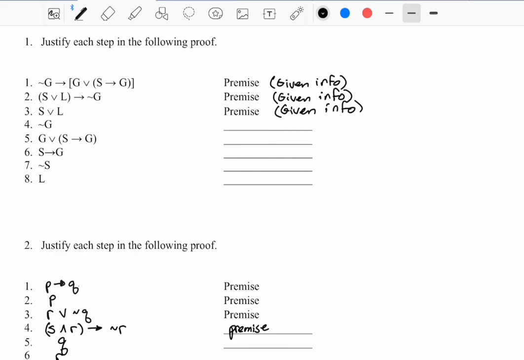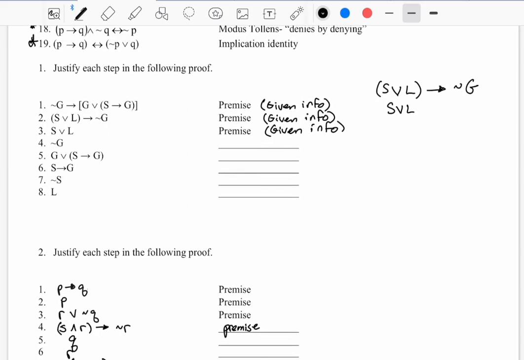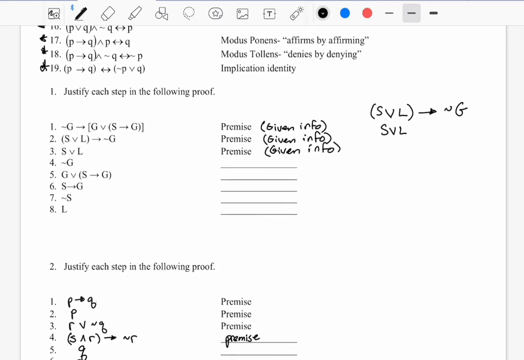Let me show you how that happens. If we take the second premise, which is S or L, and make that look more like an or, then not G, and pair that up with S or L, we can draw a conclusion from that. It's just not obvious based on what we've covered so far, but it is something that we could do.